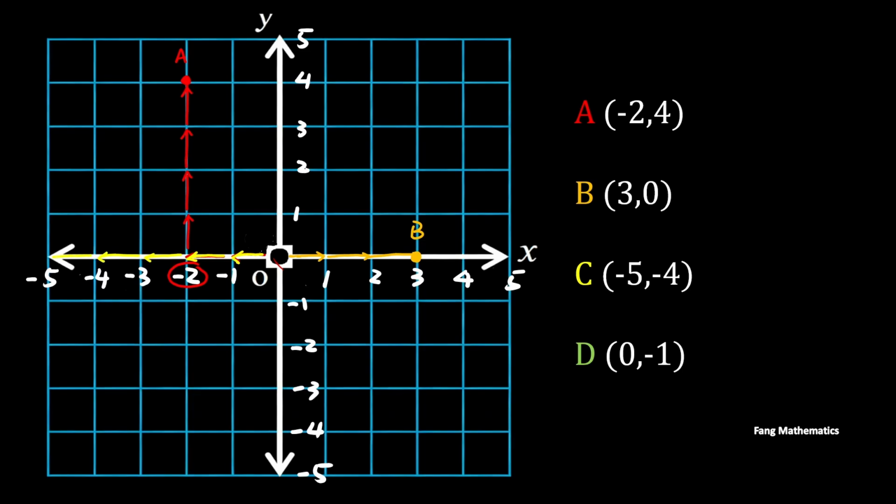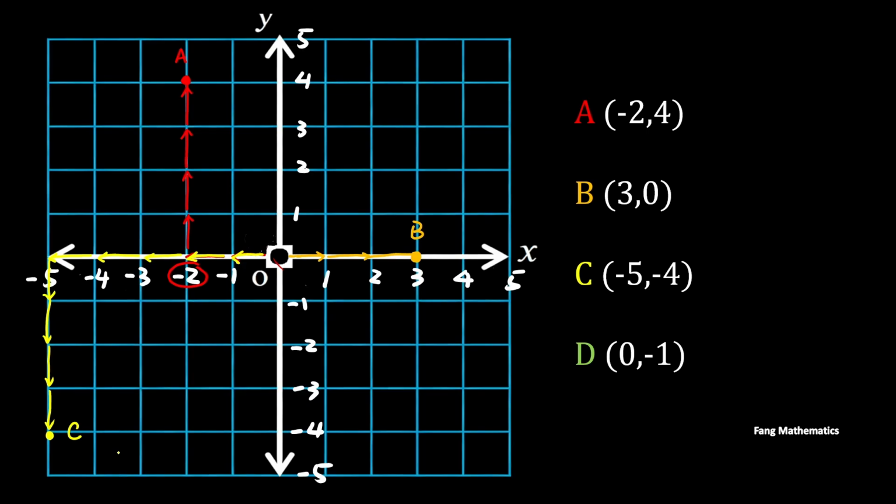So you reach somewhere here. Then you look at this -4. -4 tells you it is the negative direction along the y-axis, so we move downwards. 4 units downwards: 1 unit, 2 units, 3 units, and 4 units. Somewhere here, you should reach your point C.